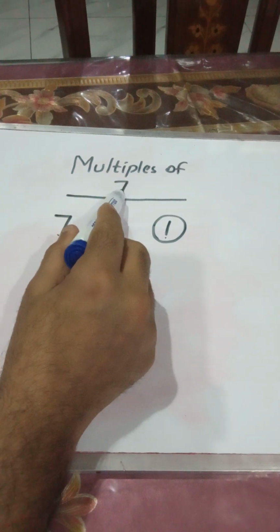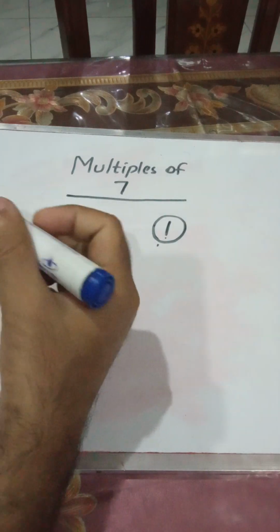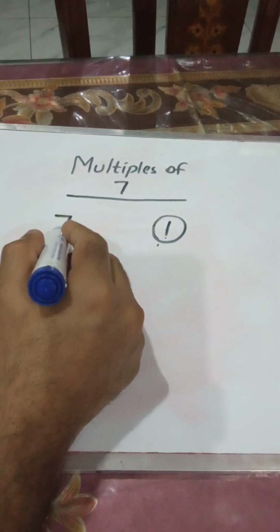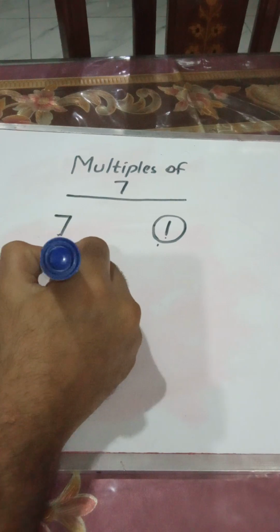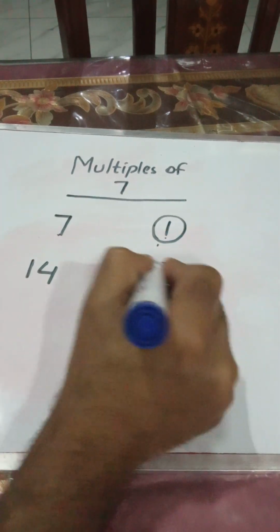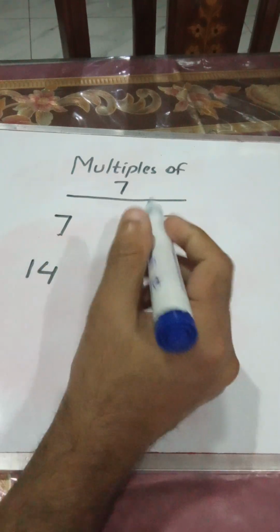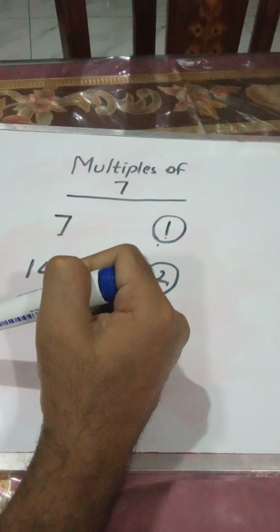If you multiply 7 by 1, you will get 7. Now the next multiple: the double of 7 is 14, and the double of 1 is 2. So 7 2 times is equal to 14.